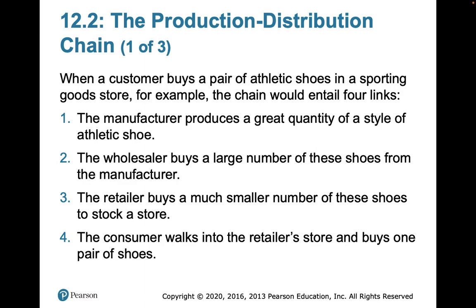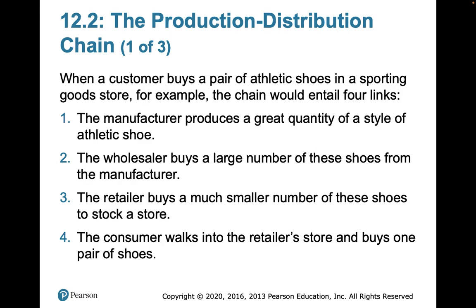So we have the production distribution chain, and it can be of three types. The manufacturer gives to the wholesaler, the wholesaler gives to the retailer, and the retailer gives to the consumer.